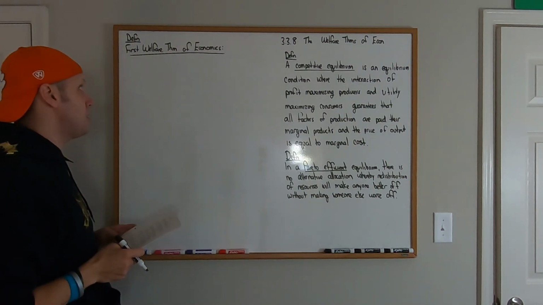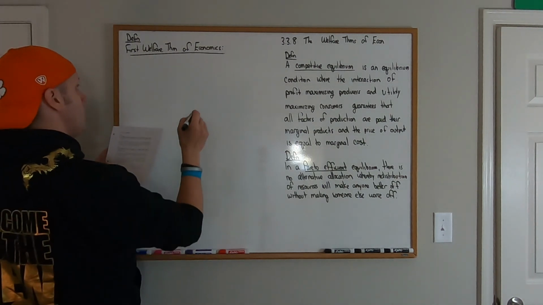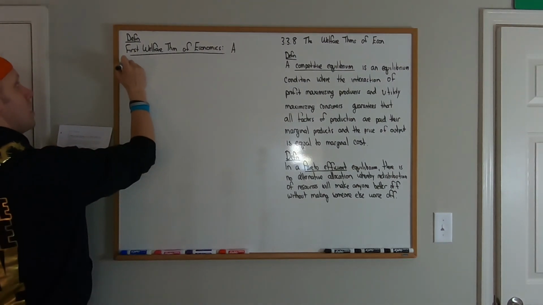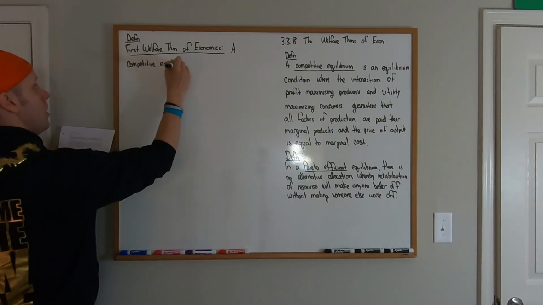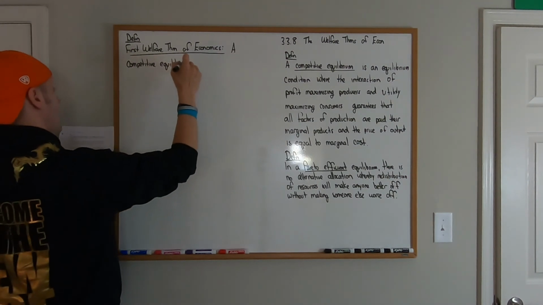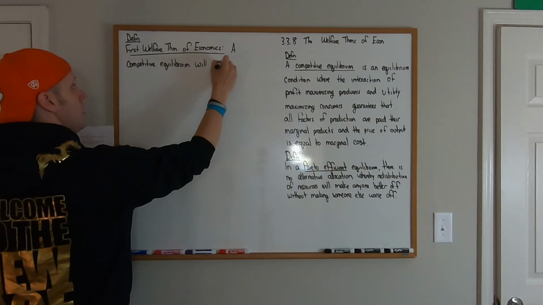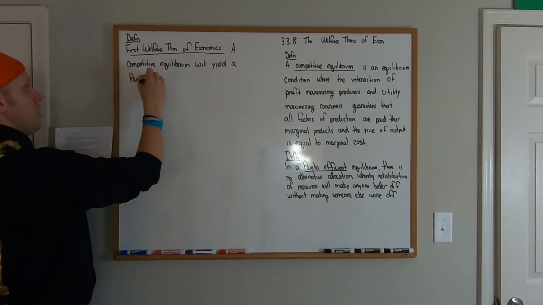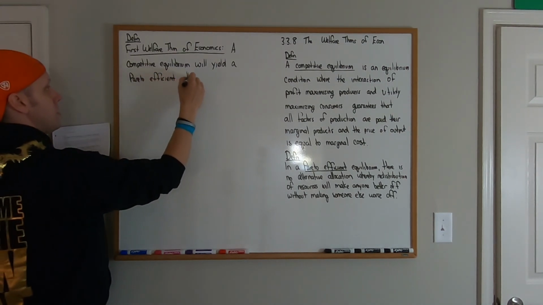So anytime you see the letters THM, that's theorem. Under the first welfare theorem of economics, a competitive equilibrium will yield a Pareto efficient allocation.